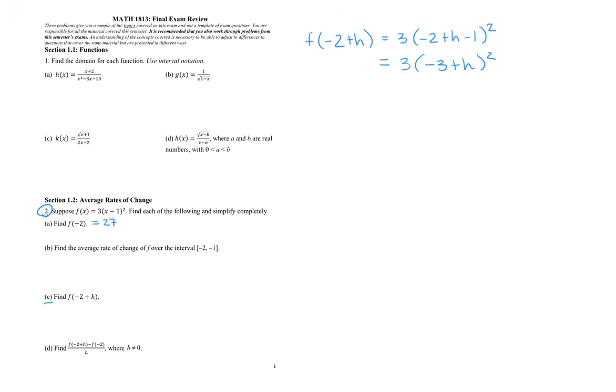And so then we can go ahead and FOIL that out. We should get 3 times 9 minus 6h plus h squared. Okay, great. So then we should get 27 minus 18h plus 3h squared for f of -2 plus h.